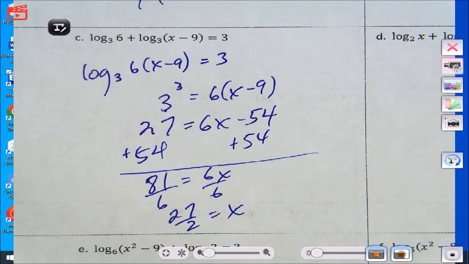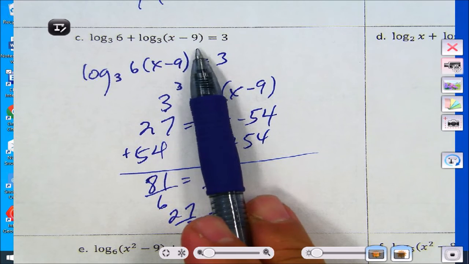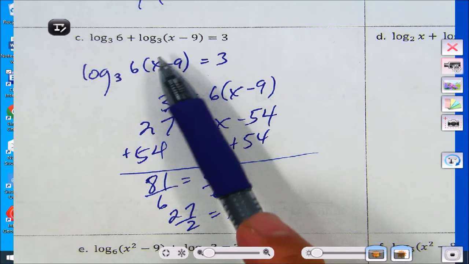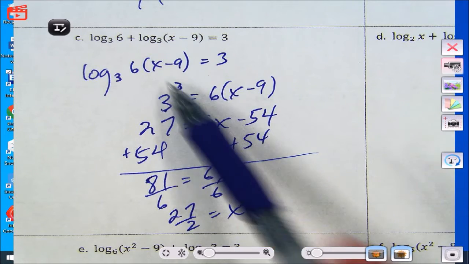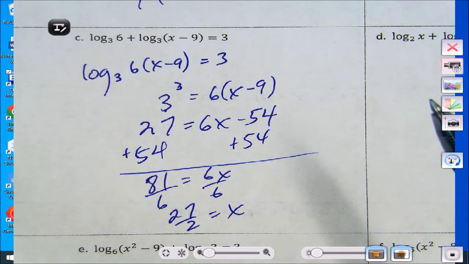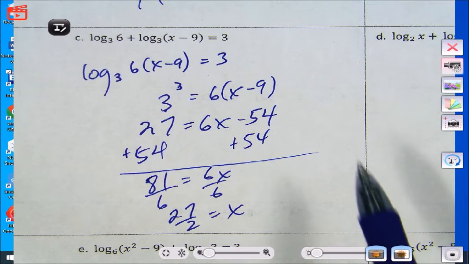One thing you want to do is make sure that if you plug 27 halves in, it doesn't make it negative or 0. 27 halves is like 13.5. 13.5 is bigger than 9, so that expression is positive. Right? 13.5 minus 9 is positive. So that's okay. You want to avoid negative numbers in the log.